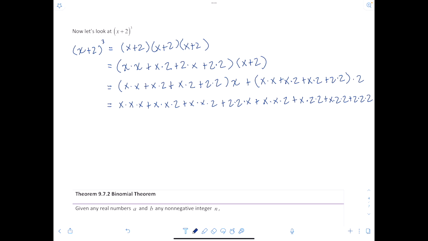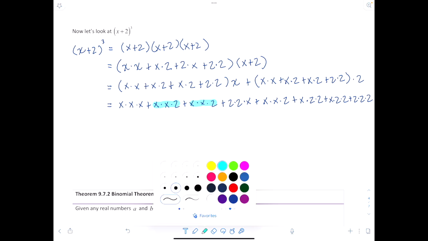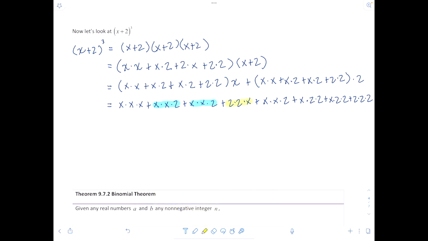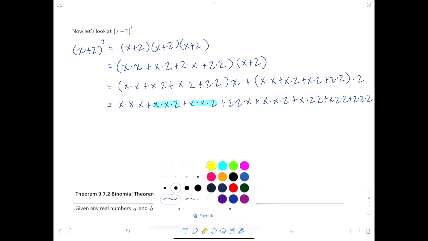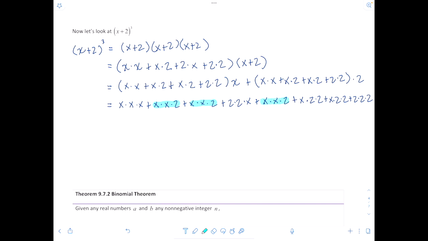Whew! So we have some like terms, don't we? We've got 3 of those x times x times 2's, right? And then we've got 3 of these x times 2 times 2.